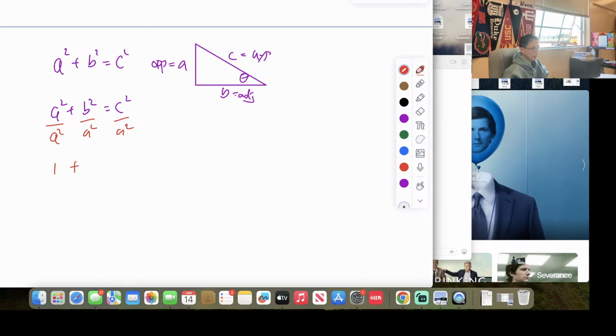Got it? So what happens to a squared divided by a squared? Okay. B is going to be adjacent, right? Over hypotenuse. B is opposite, right? And then squared, right? Is equal to hypotenuse over A is opposite, squared, right?